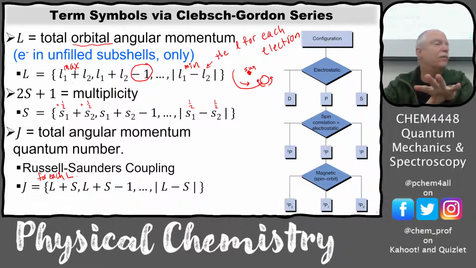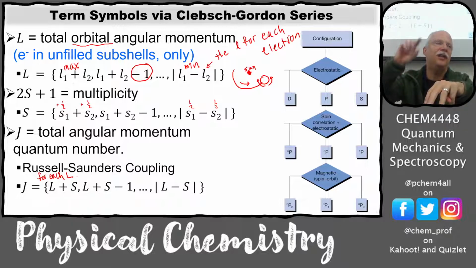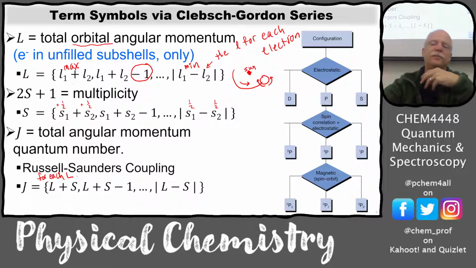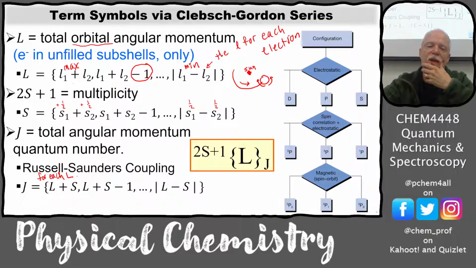So let's do some examples. This is just the scheme of how we come up with those sets. But there's 3 sets. There's the L set, the S set, and the J set. And the J is nested, meaning for every L you have a J, a series of J values. And this is how we write out those terms. You see this down here, this triplet P2, triplet P1, triplet P0.